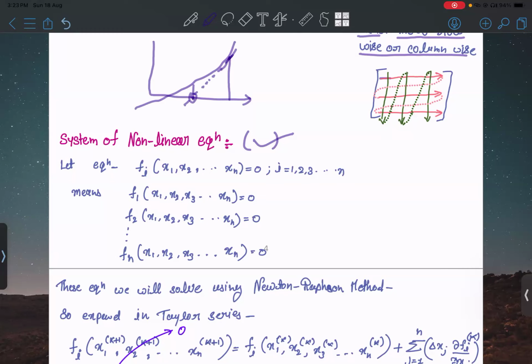Now, taking this as the initial guess, we draw a tangent from here. Wherever it cuts, this will be my second root. Like that, we move, and we found the root of the equation.